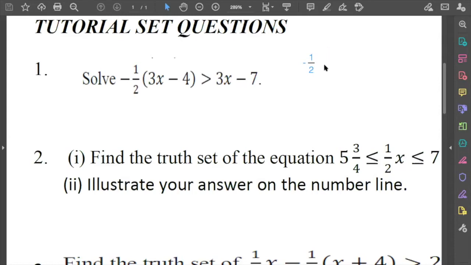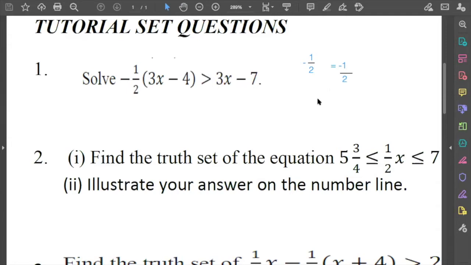So here, this is going to be the same as negative 1 over 2. Good. Are you okay with this?